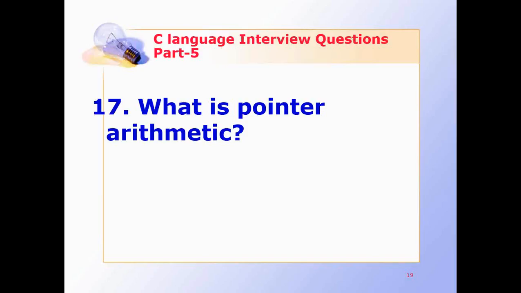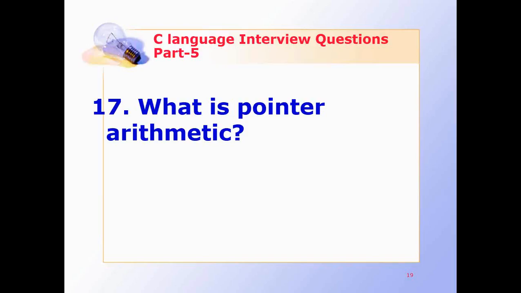To understand pointer arithmetic, let us consider that PTR is an integer pointer which points to the address 1000. Assuming 32-bit integers, let us perform the following arithmetic operation on the pointer.